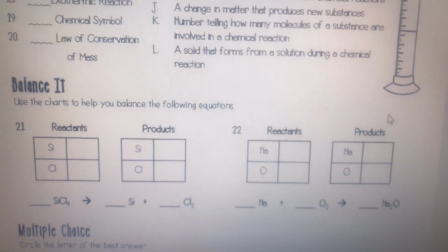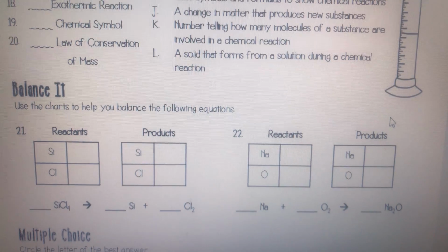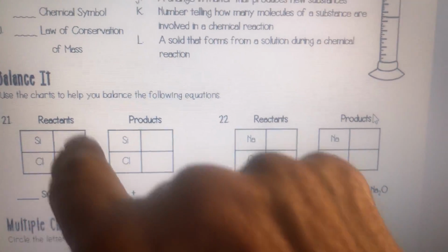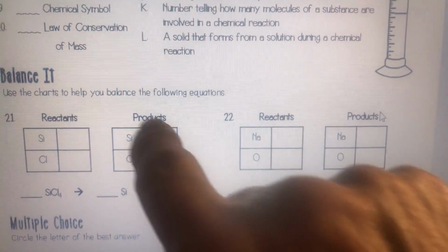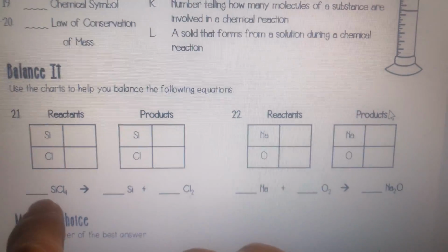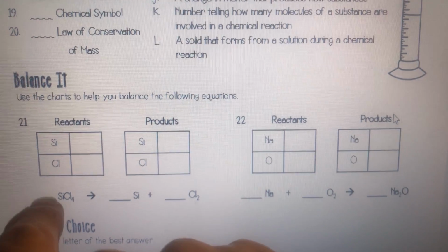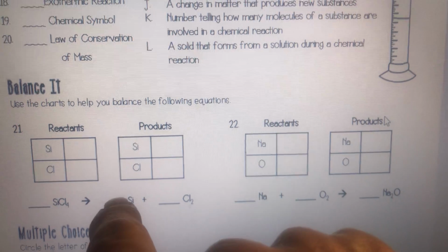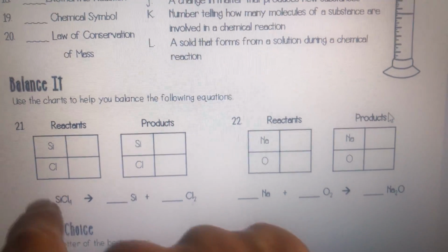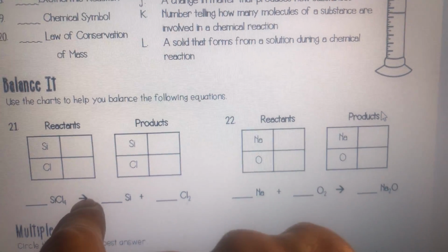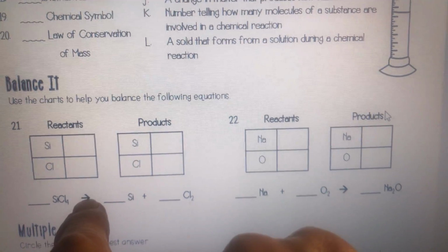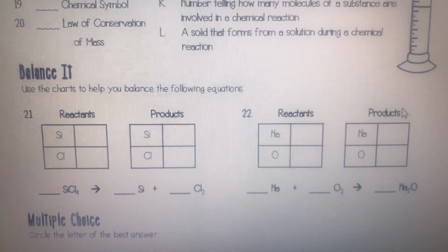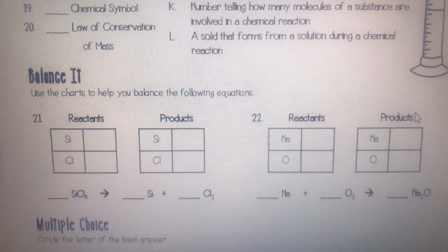Remember that matter cannot be created nor destroyed, so whatever we have on this side, the reactant side, has to equal the same on the product side. Here we have a coefficient, another coefficient, and this stuff yields, that arrow sign says yields, though I sometimes think in my mind that it equals.